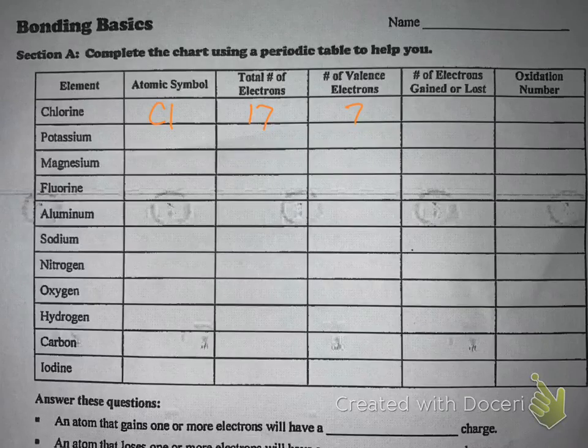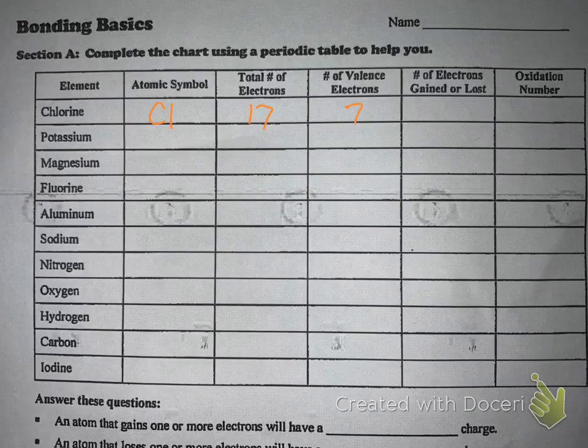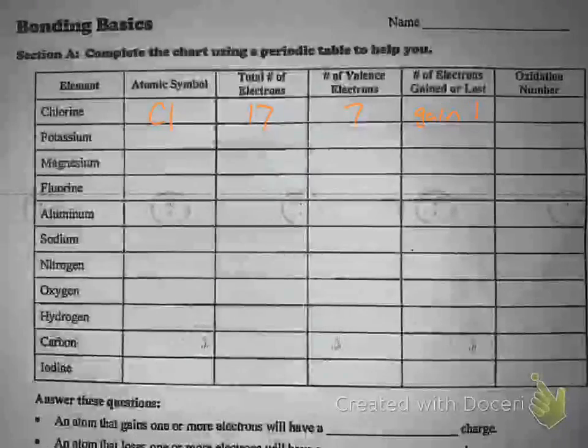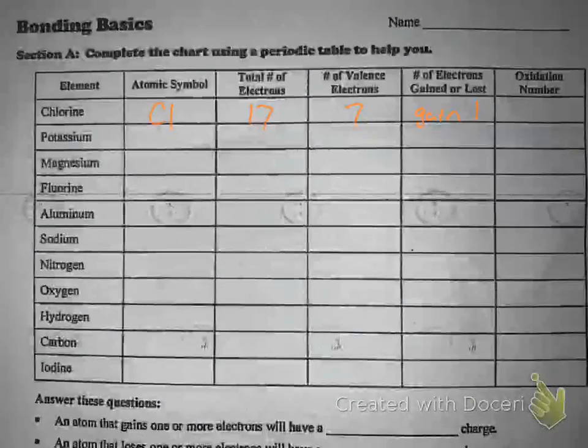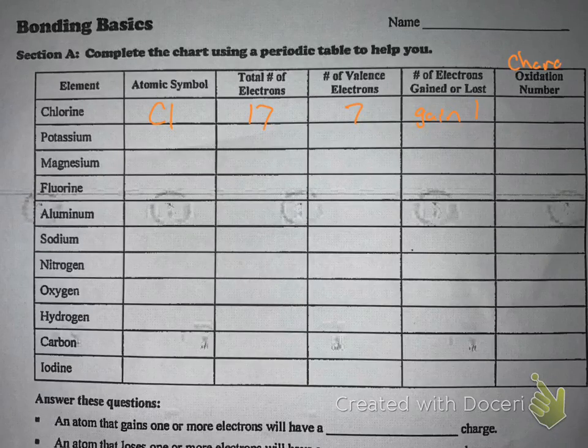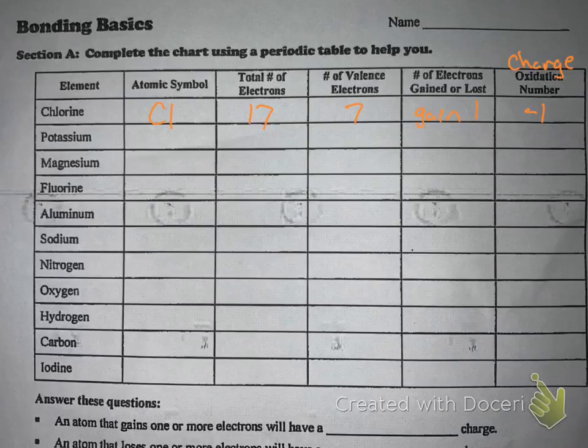So if you've already got 7 out of 8, it's much easier to gain 1 than it is to lose 7. So I'm going to gain 1. And then the oxidation number is a fancy way of saying the charge. And chlorine has a -1 charge because it gains 1 electron.